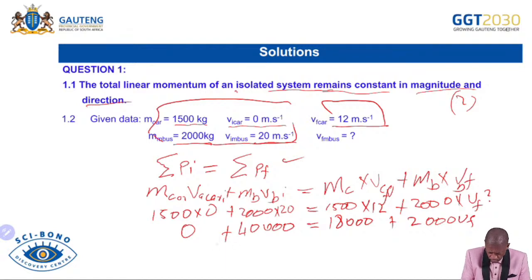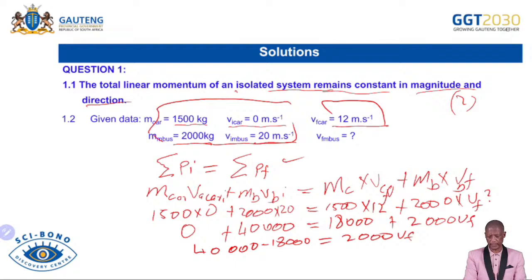So it's going to be 40,000, and if you take the 18,000 to the other side, the sign is going to change. It's going to be minus 18,000 equals to this one.